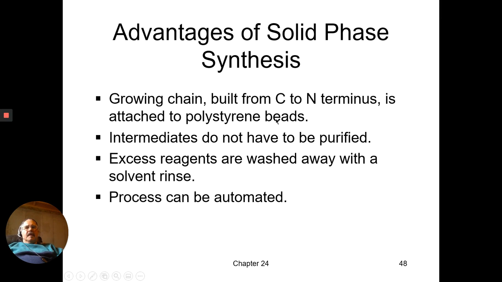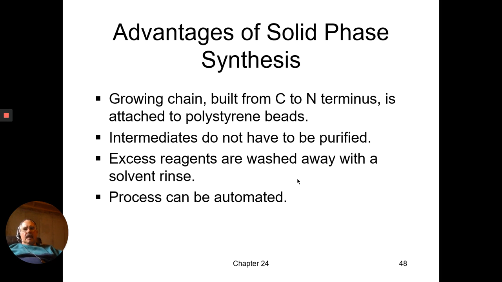But you start with one of the termini, and this is attached to a polystyrene bead, or it can be a controlled pore glass. The intermediates don't have to be purified, and you use excessive reagents, okay, in order to drive the reaction to completion with a solvent rinse.